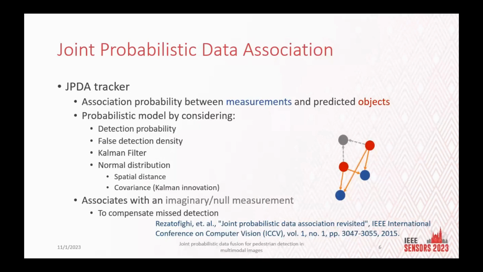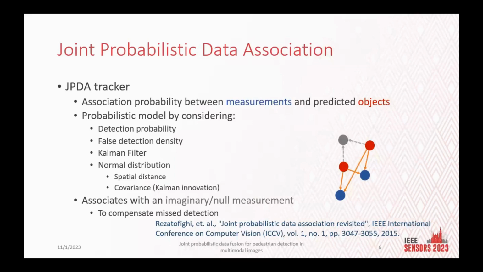Why is it better? Because it considers several things, including detection probability and false detection density, and for tracking it uses a Kalman filter and measures a distance using a normal distribution by a covariance filter. So if we see these objects in the measurements in the image plane, it seems that this measurement is quite close to this object.